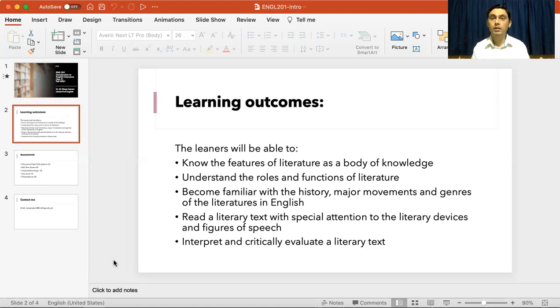So we will be discussing how literature informs our lives and how in many ways it determines the kind of society we live in or the kind of community that we form.